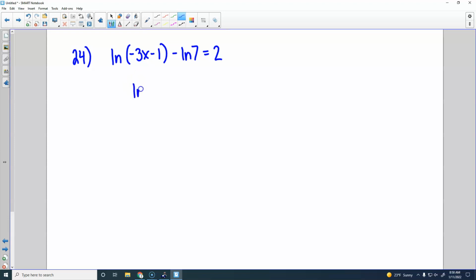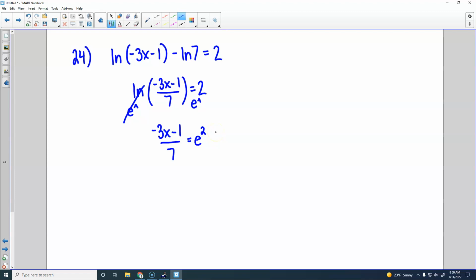So we will have natural log of negative 3x minus 1 over 7 equals 2. And then to get rid of natural log, we will do e to that power on both sides. So we got negative 3x minus 1 over 7 equals e squared.